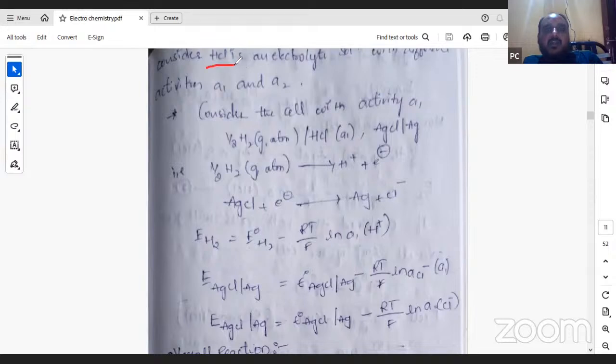Consider HCl as an electrolyte solution with different activities A1 and A2. A1 is the one activity, A2 is the other activity, right?